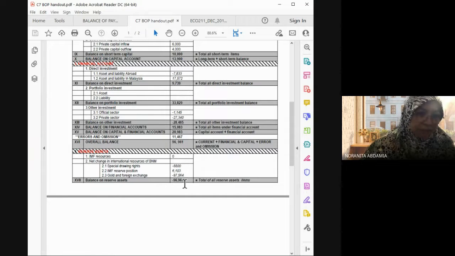The tip is BOP must always be zero. So the figure here must be offset with this figure. Sebab apa? Because this shows imbalance. Surplus show imbalance, deficit show imbalance. So nak offset dia, nak bagi zero, figure kat sini figure yang sama tetapi kena negatif.